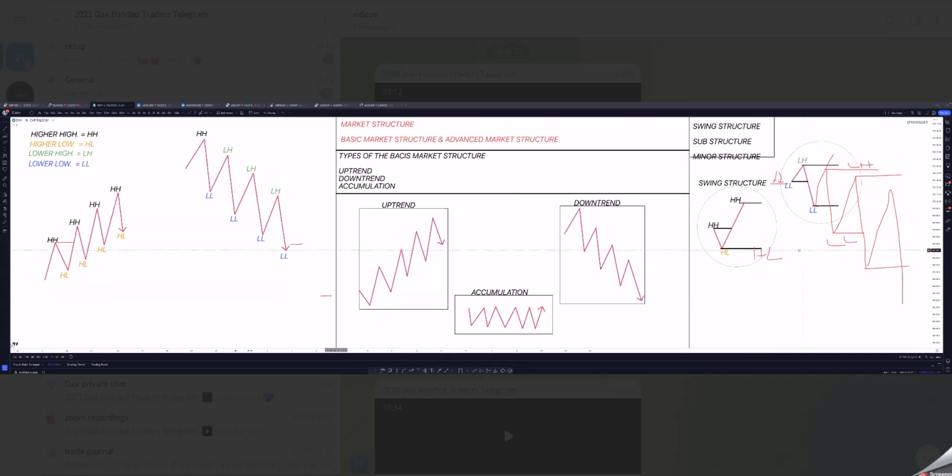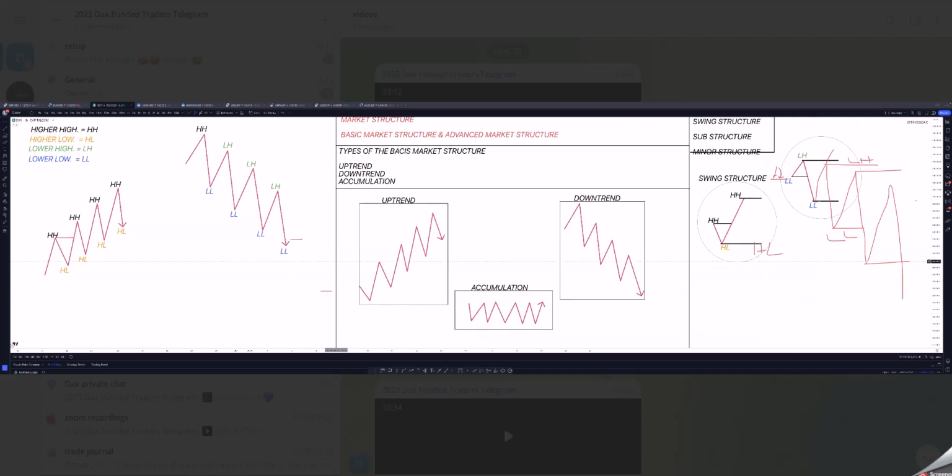Now, for a bearish trend, it's probably the same thing, right? Let me use another example. I'll use this same one right here.